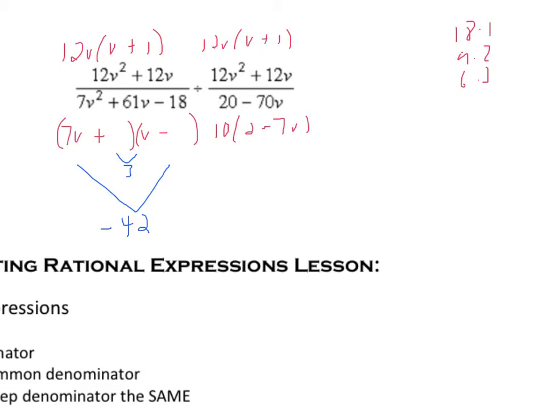It's best just to use the same ones and switch it, and that gives us negative 21 and 6, which doesn't work, so 6 and 3 does not give us what we want. We try 9 and 2, and we get negative 14 and 9. That's not going to work.